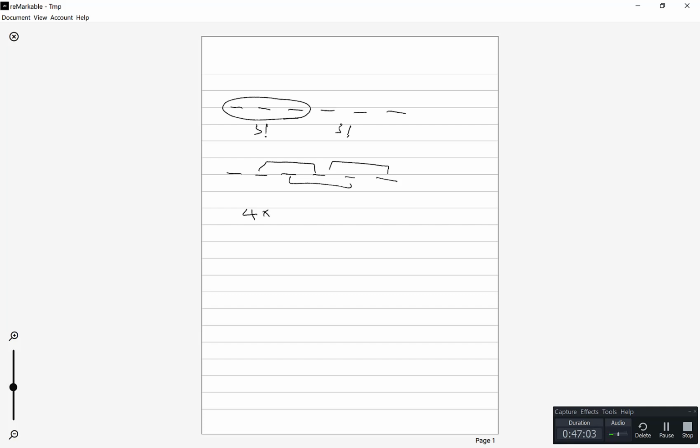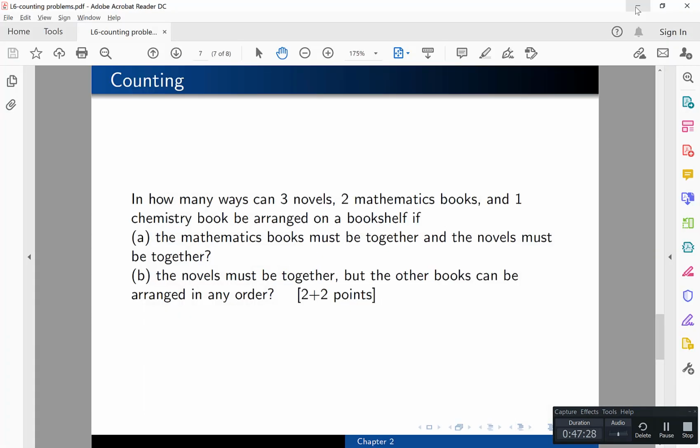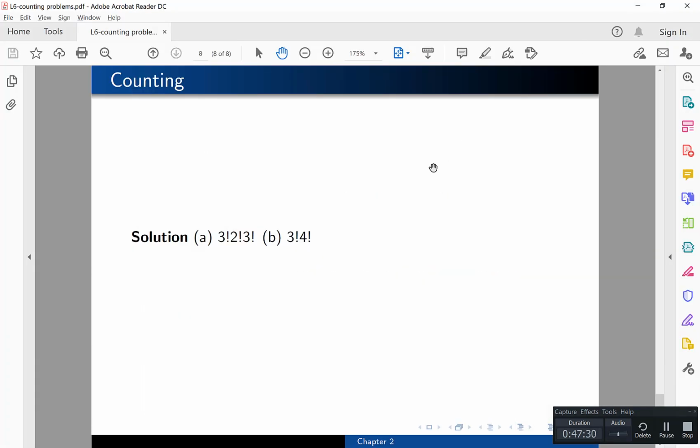And then for each of these possibilities, you can permute the novels to have 3 factorial rearrangements, and you can move around the other books to have 3 factorial arrangements. So you can rewrite this as 4 factorial times 3 factorial. So you see, 4 factorial times 3 factorial.